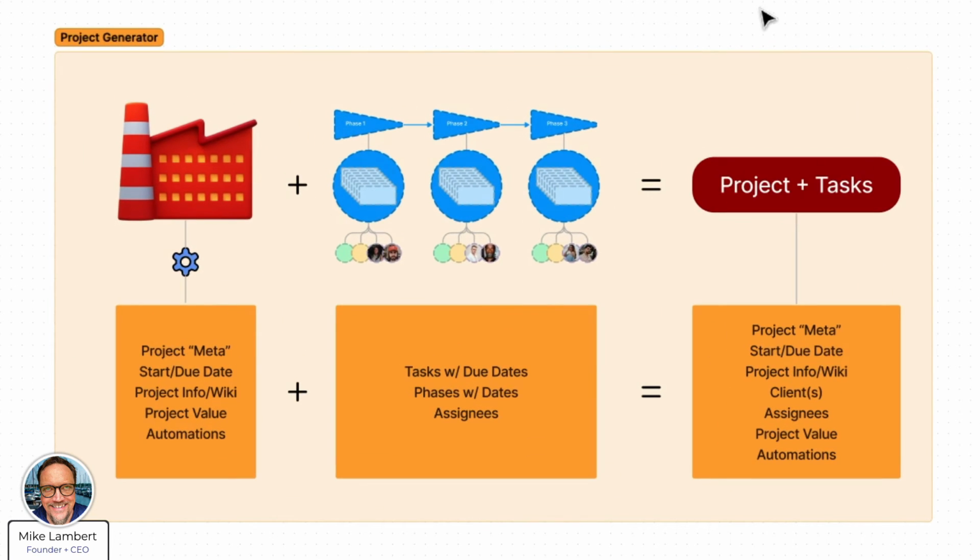And the suggestion that I would say, if you're looking to create a project generator, is that before you start your first project in SweetDash, I would create it as a generator and create a very rough task template with the things you can think of today.